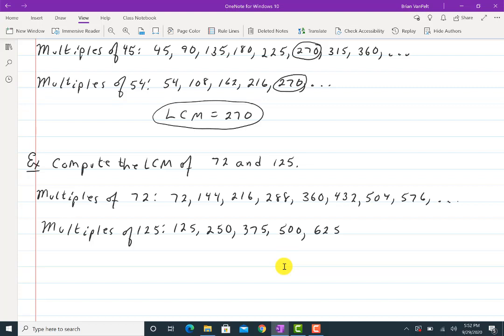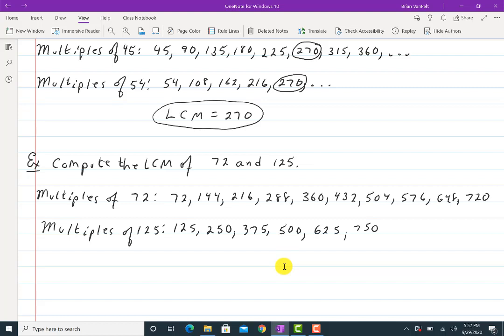So what you could do is keep extending this, I guess. I could do 750 here, and then after 576, if I add 72 to that, it would be 648, and then add 72 again would be 720.